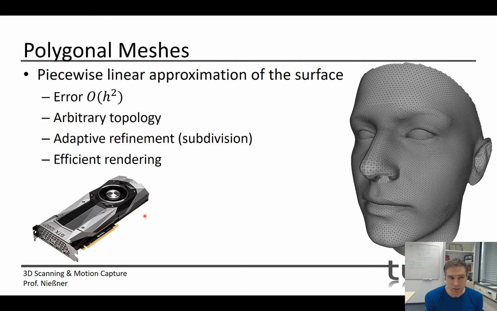Okay, one thing that is really important here is to realize how fast modern GPUs are at rendering. And this is quite impressive. If you think about what happened historically, traditionally you had a computer, right? A computer had a CPU, and the CPU did all the computation for you.